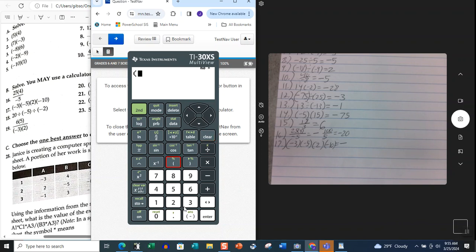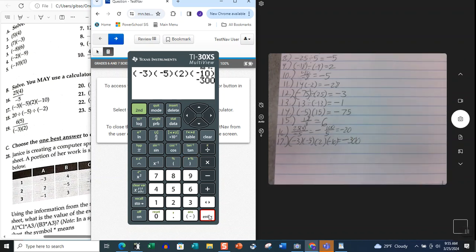We put parenthesis, negative 3, close your parenthesis, open parenthesis, negative 5, close the parenthesis, open parenthesis, 2, close the parenthesis, then open parenthesis, negative 10, and close your parenthesis, and press enter. So it's negative 300. And that is your final answer.